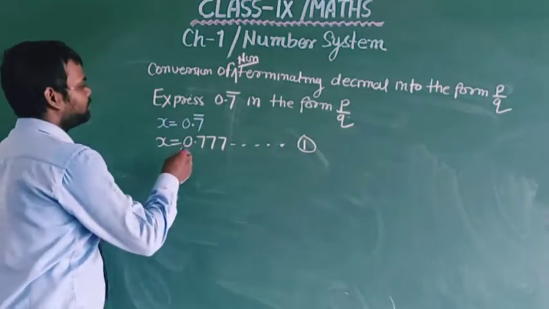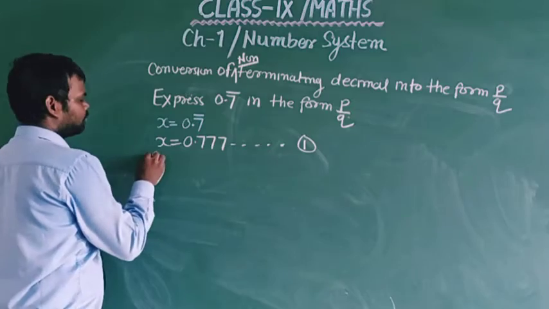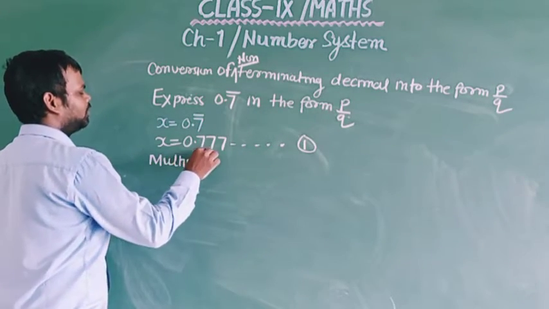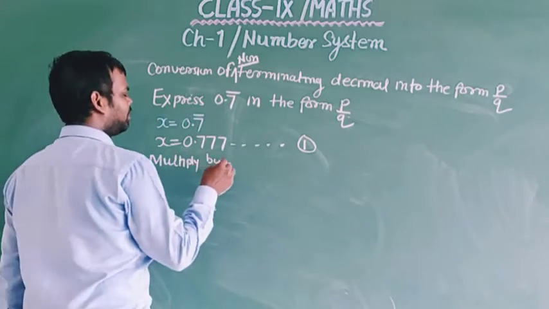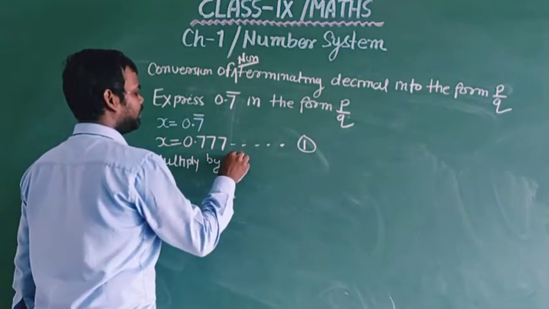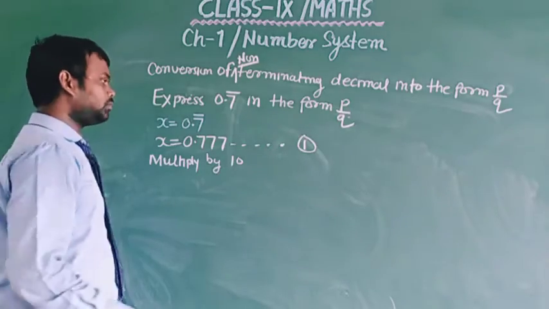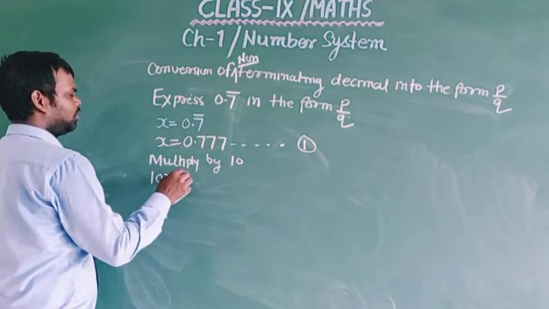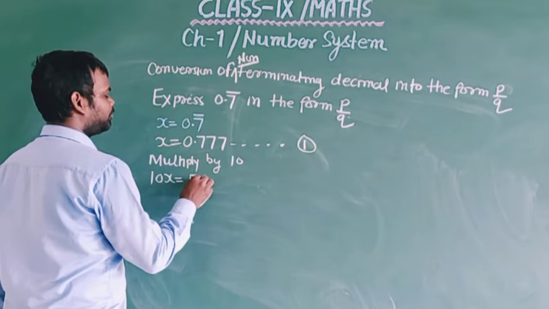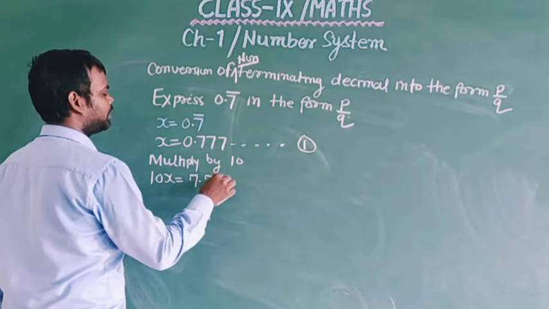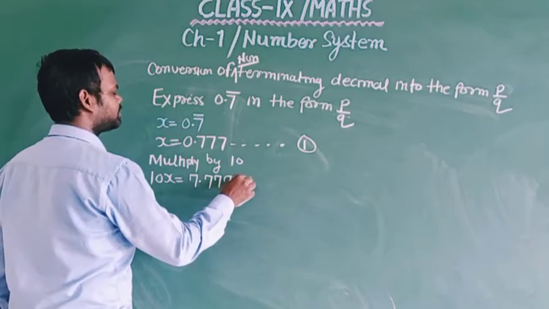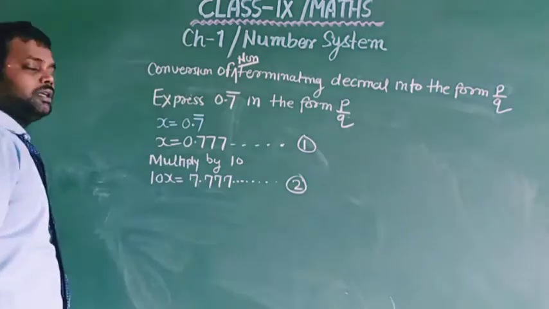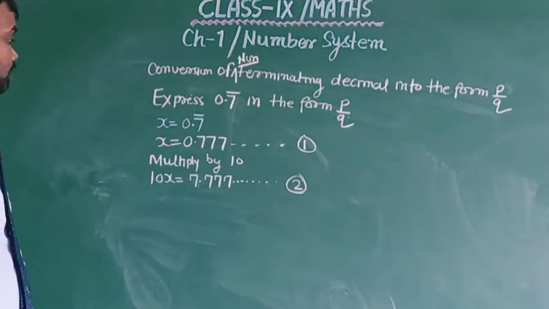Here the repeating digit after the decimal is 1, so in the above equation multiply by 10. The equation becomes 10x equal to 7.777 and so on. This is equation 2.